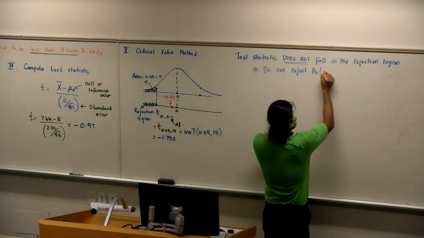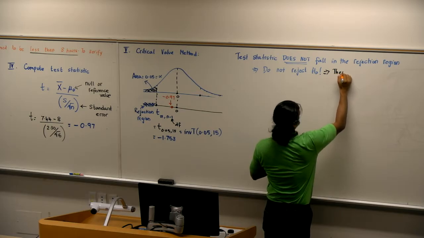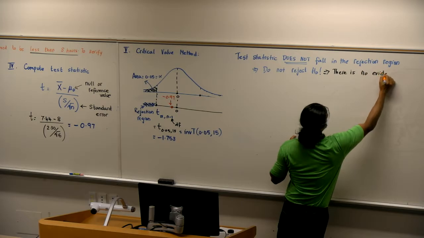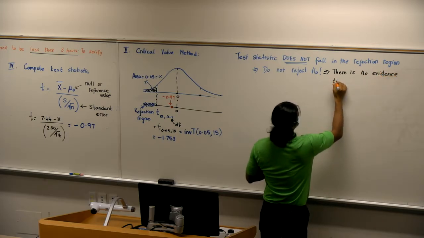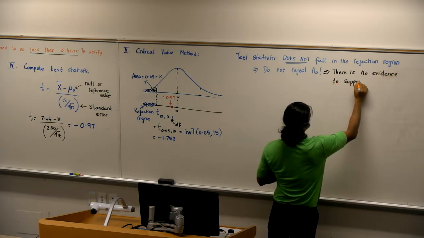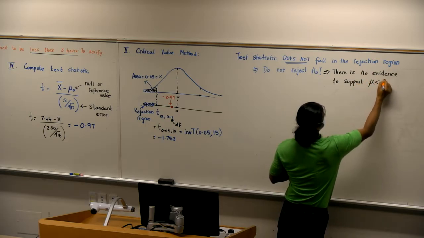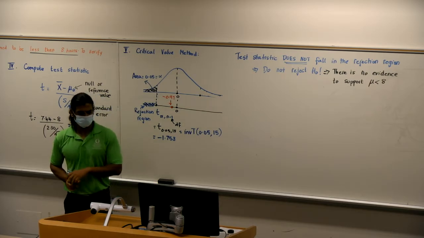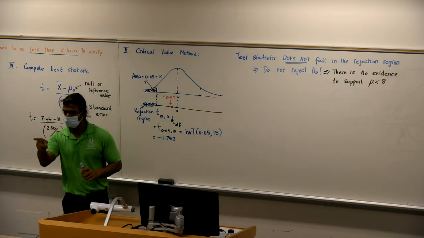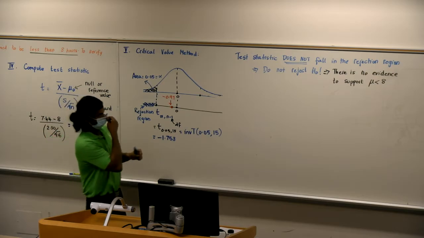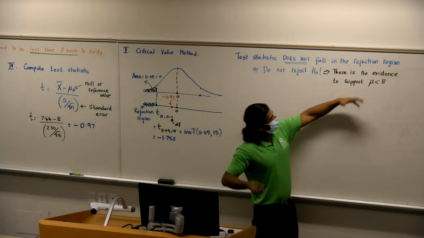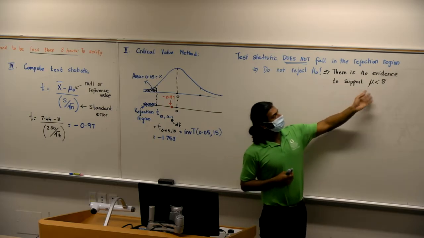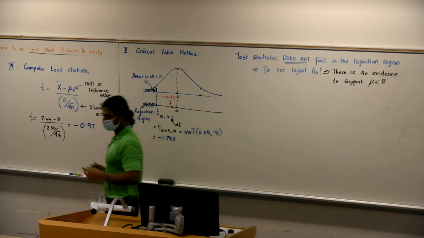If you do not reject the null, the claim doesn't have enough evidence. So there is no evidence to support mu less than 8, and Chris was correct.